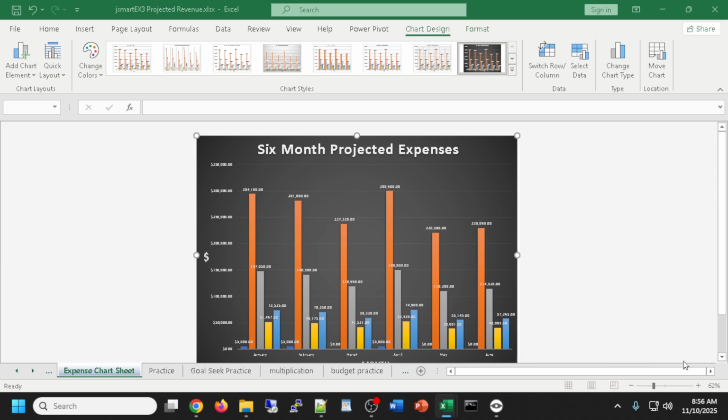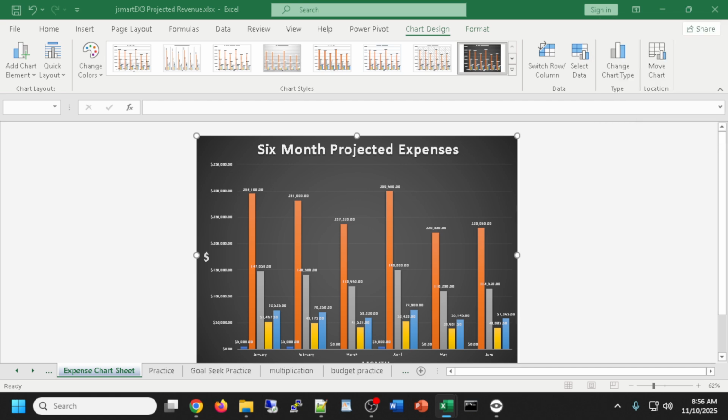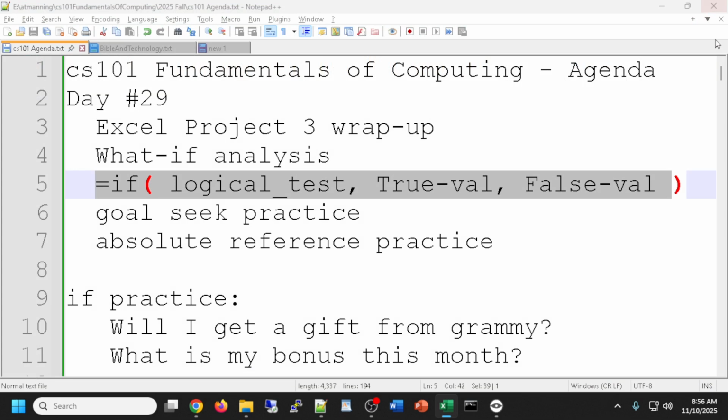If you have any questions about any of the goal seeking, the what-if analysis, the IF formula, I can give you some more practice, or I think the book talks about it carefully as well. It goes over that IF formula with little diagrams. Sometimes looking at it a different way will help you understand things. And close that and send it up to Populi.